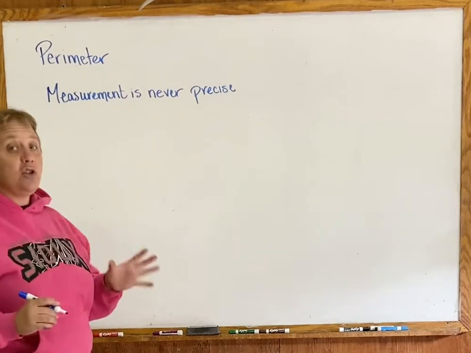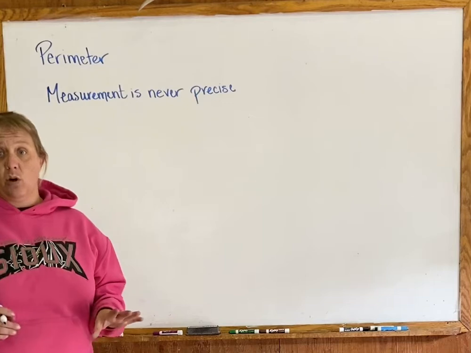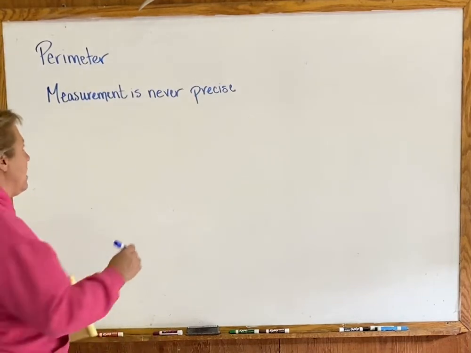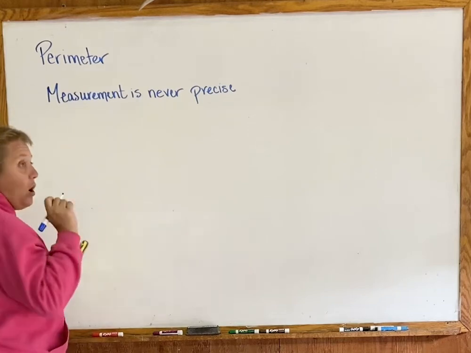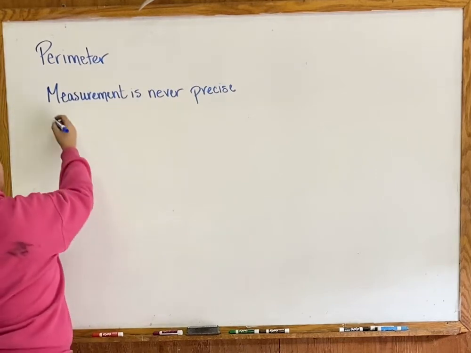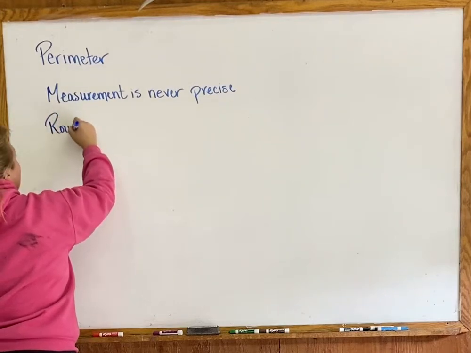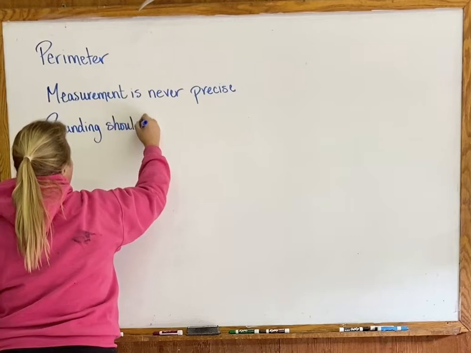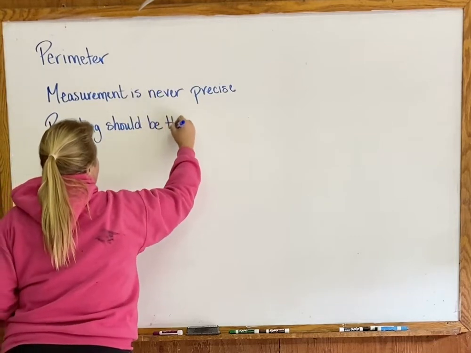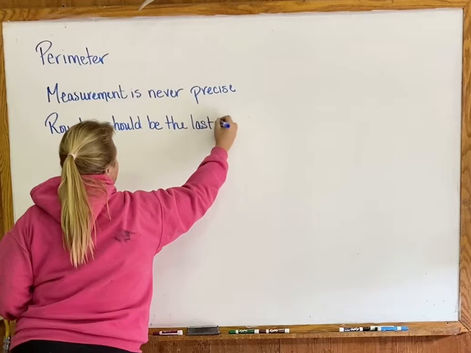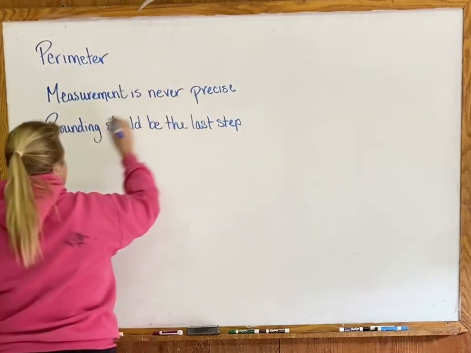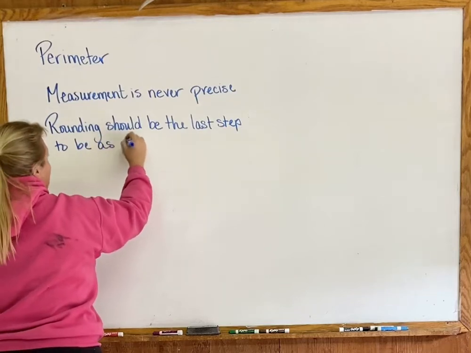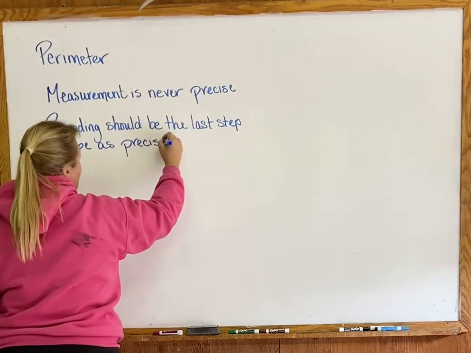Okay, so precision relies on the instrument that you are using, which means that we don't want to do too much rounding. So if we do have to do rounding, always remember that rounding should be your last step, to be as precise as possible.